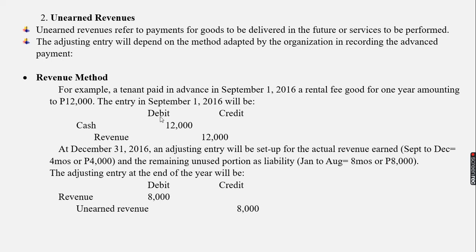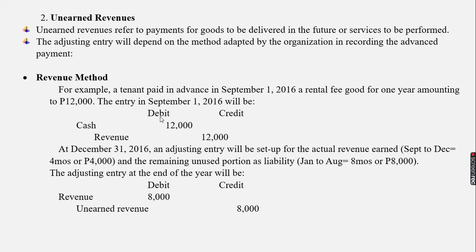Okay? So, kapag revenue method yan, ayan, for example, a tenant paid in advance on September 1, 2016 a rental fee good for 1 year, amounting to 12,000.